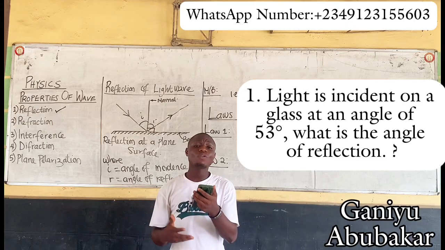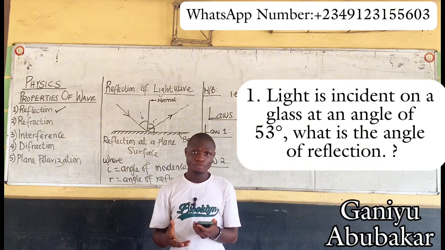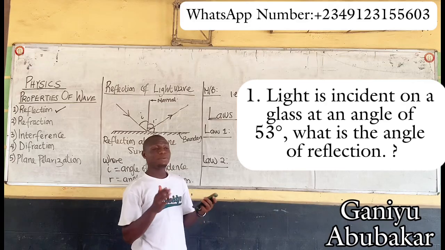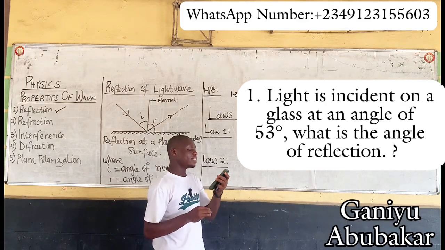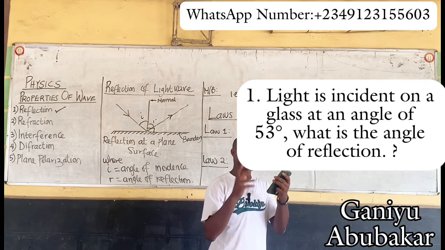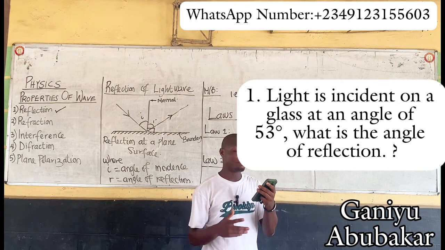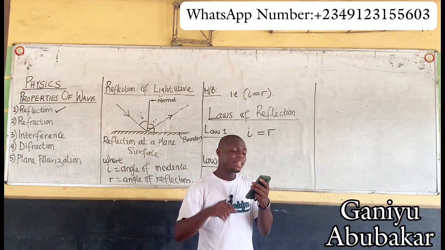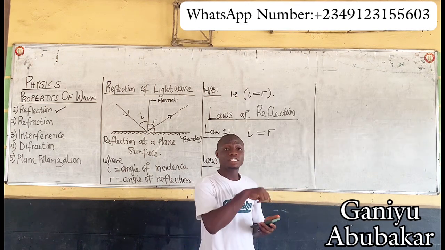What is the angle of reflection? It's easy. It says light is incident on a glass prism at an angle of 53 degrees.